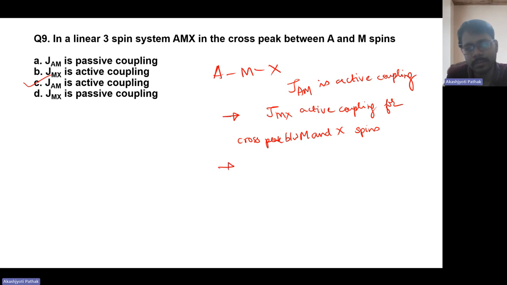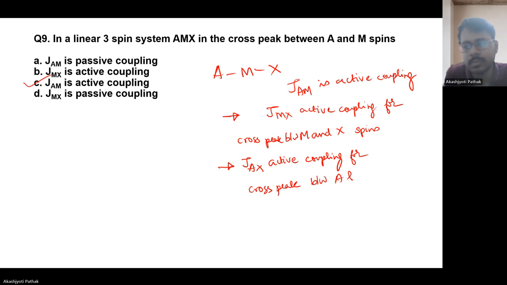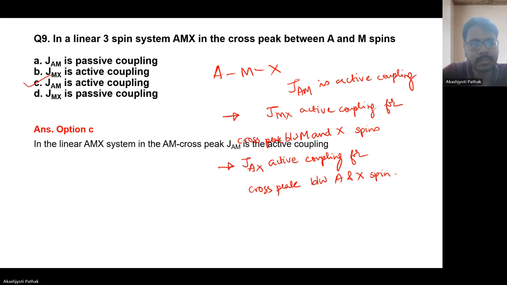And JAX would be the active coupling for the cross peak between A and X spins. Whichever cross peak you are considering, that is the active coupling. All others are the passive coupling. In the linear AMX system, in the AM cross peak, JAM is the active coupling.